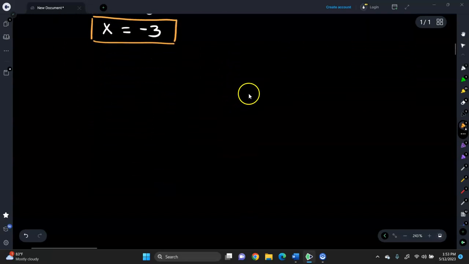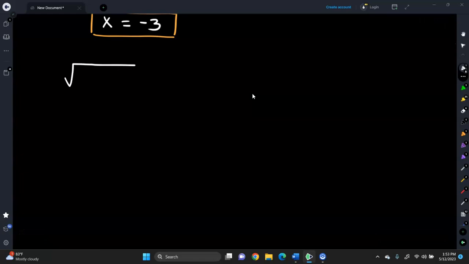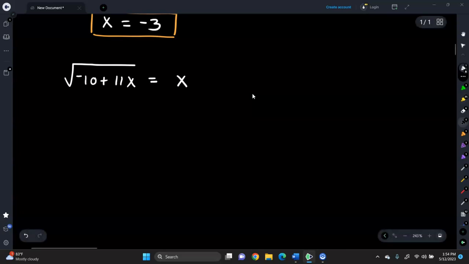Okay, let's look at another one. Let's look at the square root of negative 10 plus 11x equals x. Okay, so once again, I am going to square both sides.